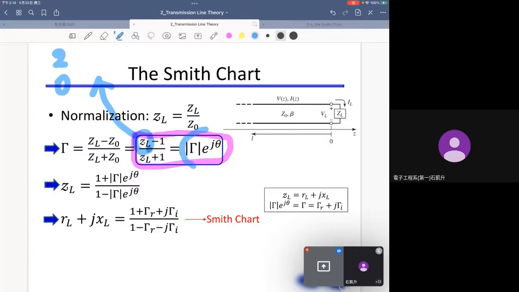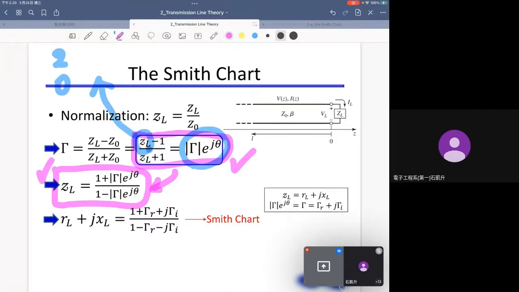And this is the reflection coefficient at the position L. You can transfer this equation to this term. What you need to do is just multiply everything. You just reorganize this equation and you can obtain these new equations.